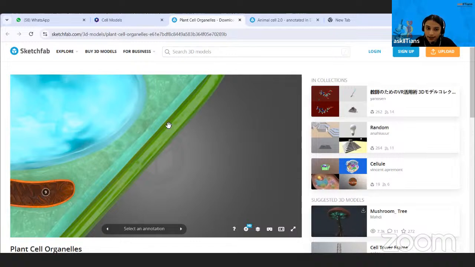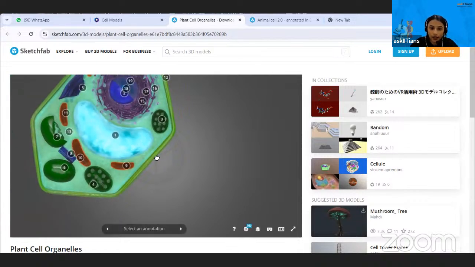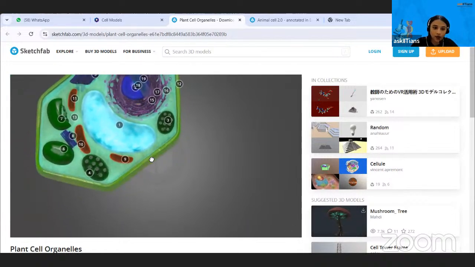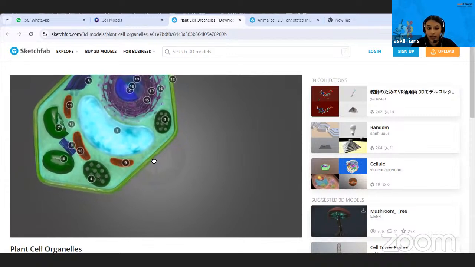Inside this cell wall there is one more layer, the cell membrane. So this is the difference. In a plant cell you will see an additional layer outside the cell membrane, that is your cell wall.